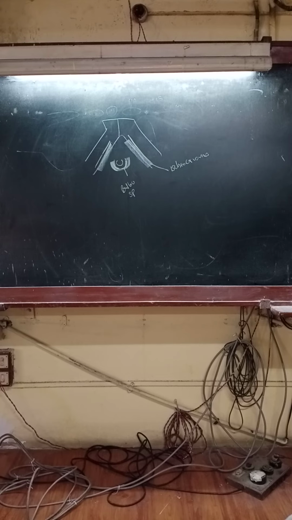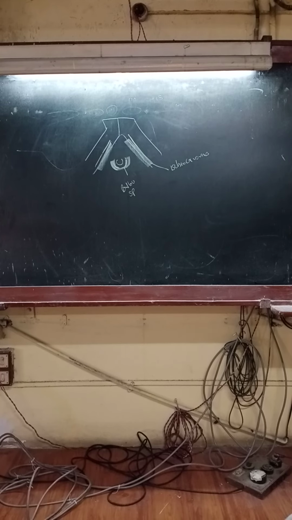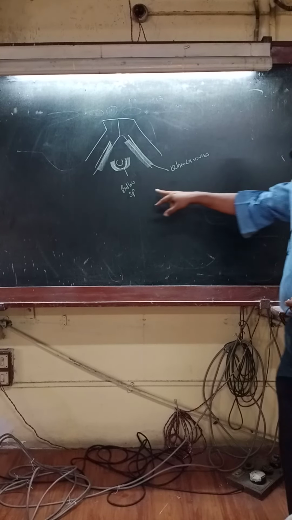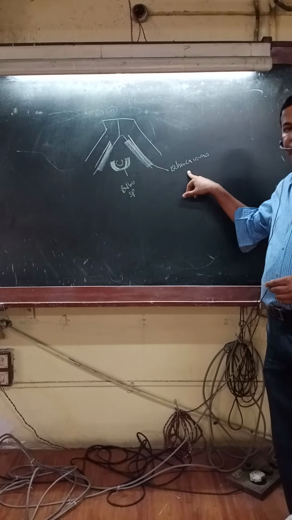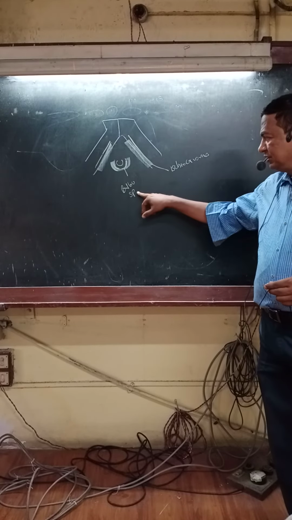So, two erectile tissues, the crus and the bulb, and the root. We are talking about the root. And muscles two, bulbospongiosus and ischiocavernosus.